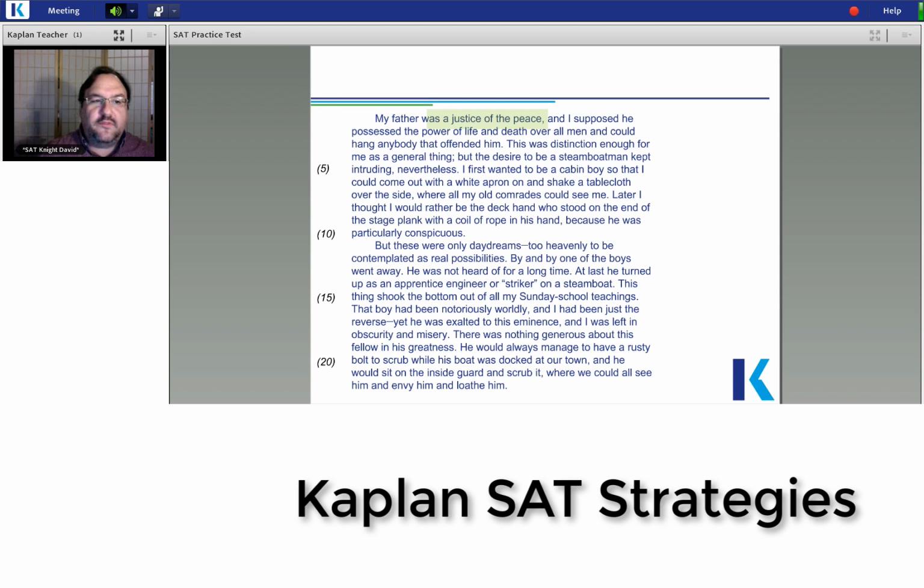But what I'm going to write off to the side are smaller notes to show what each of these paragraphs is about, so that when I see a question asking me about Mark Twain's childhood, I know to go back to paragraph one, because that's what paragraph one is. It was about his childhood and what he wanted to be.